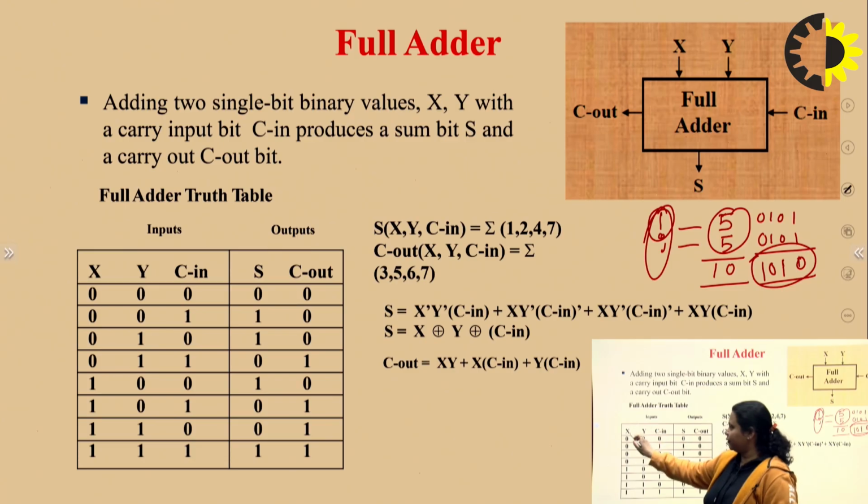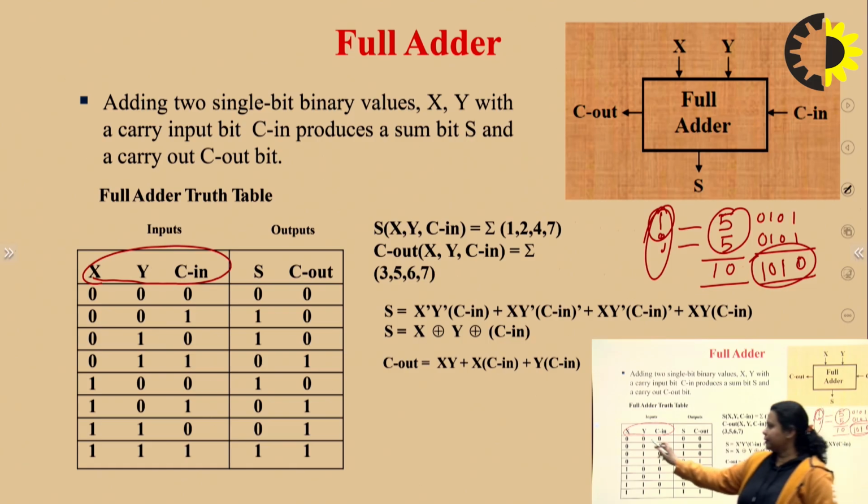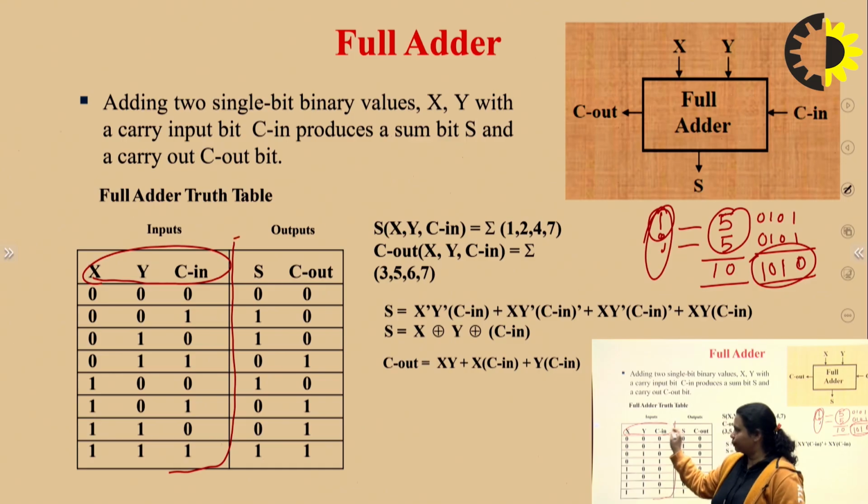For these 3 inputs, we make combinations according to the 3 bits: 0 0 0, 0 0 1, 0 1 0, and like this till 1 1 1, right?